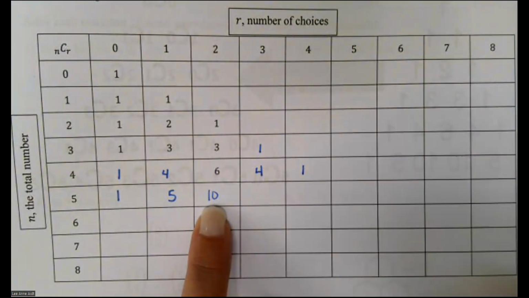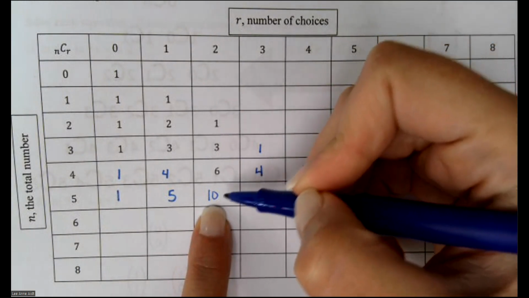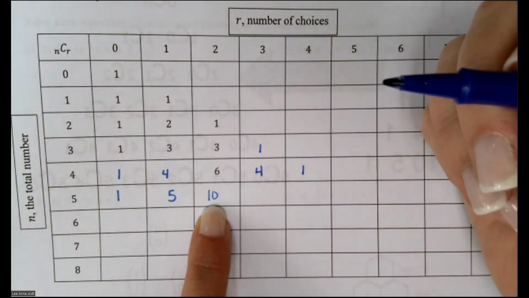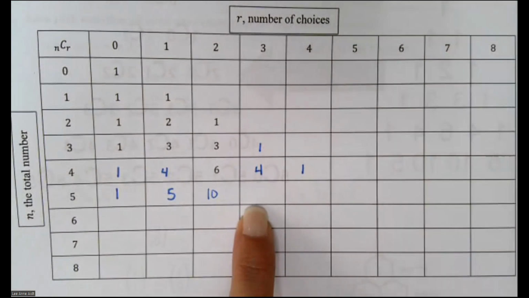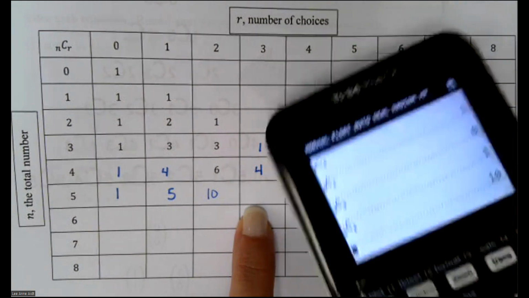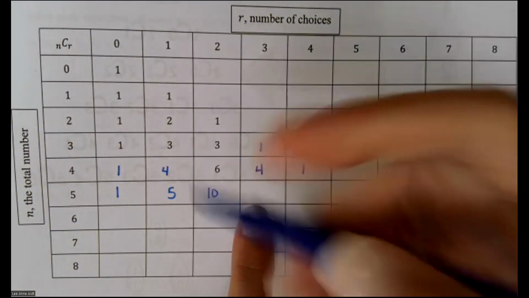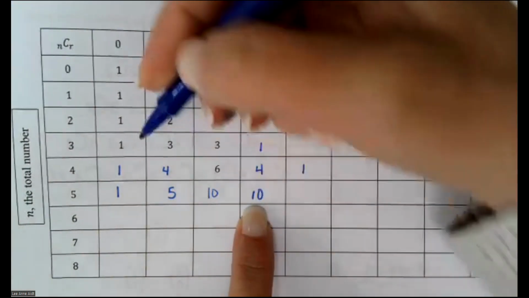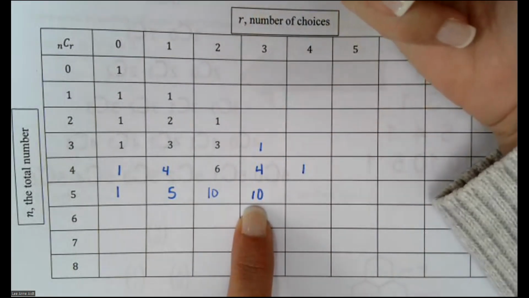But I can tell it's 10 because I looked up here and this went up 2 and up 3 and then up 4. Okay. What's this one going to be? 10. You can do 5C3 in the calculator, but if you go diagonal, you can see that it goes up 2, up 3, up 4, just like the other one.